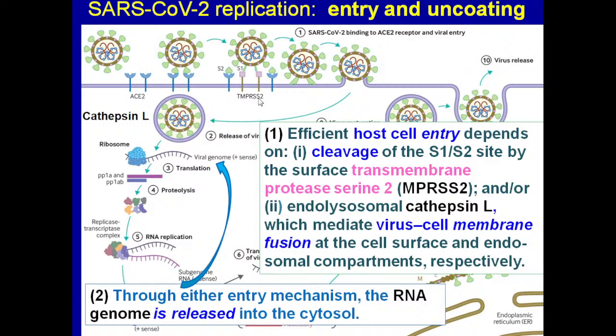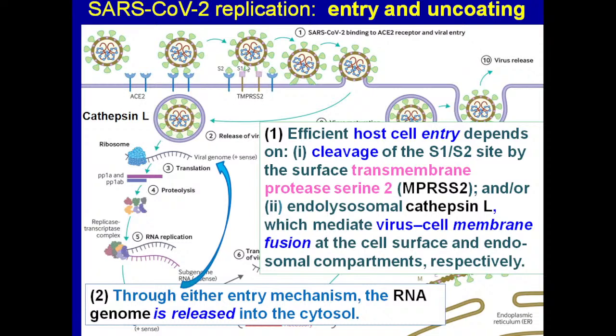So two proteins: transmembrane protease serine 2 on the surface of the cell, and when the virus is taken up inside, cathepsin L mediates the virus cell membrane fusion and release of the viral nucleocapsid into the cytosol, which you can see here.